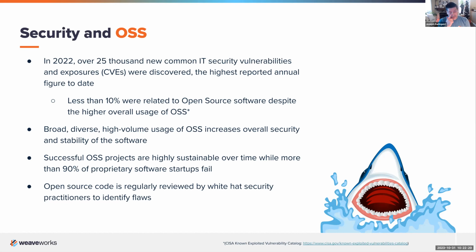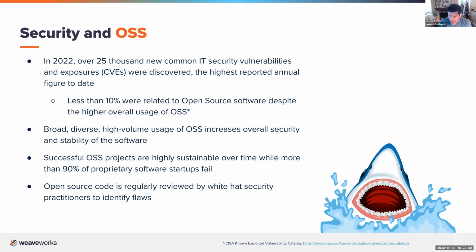One thing that OSS has going for it is if you've got a successful open source project and good maintainers, then that can be much more sustainable than proprietary software over a long period of time, because you've got people that continue to work on them, that continue to patch those issues. And I think you've also got more eyeballs on that source code, right?